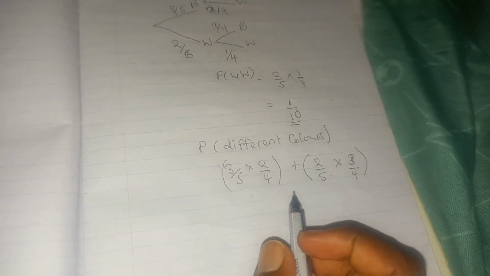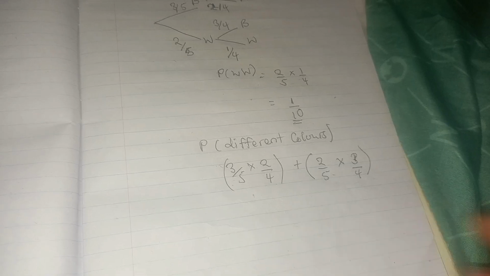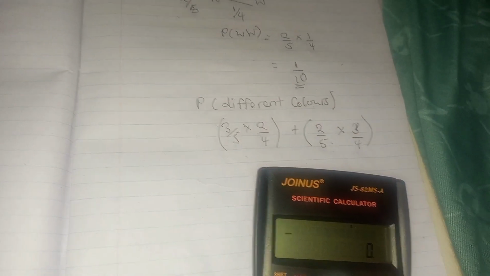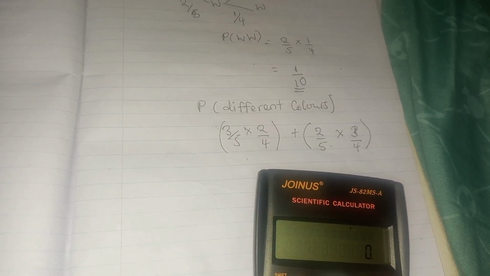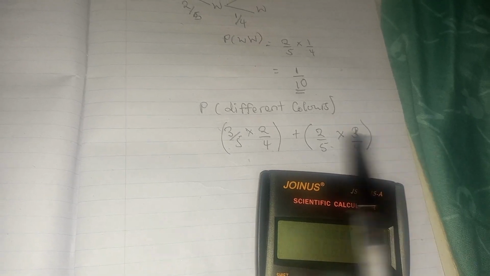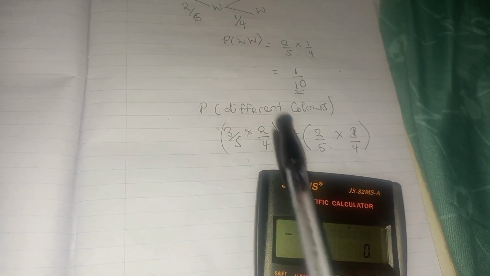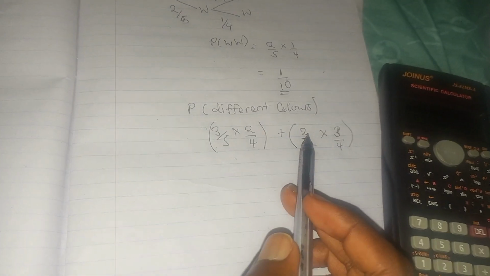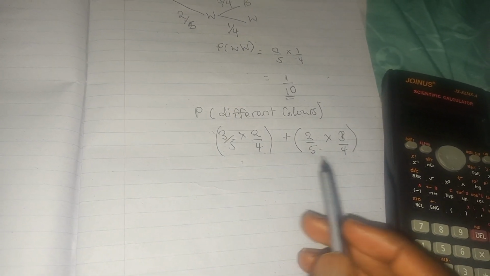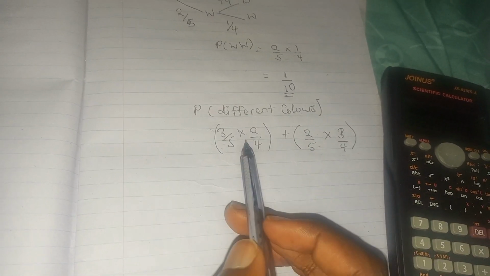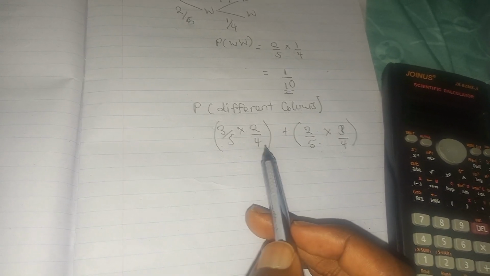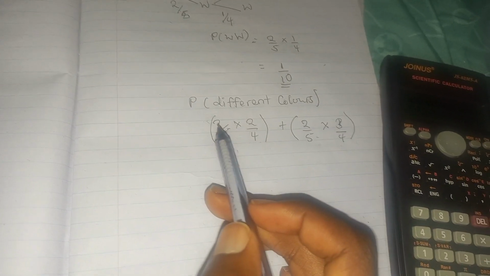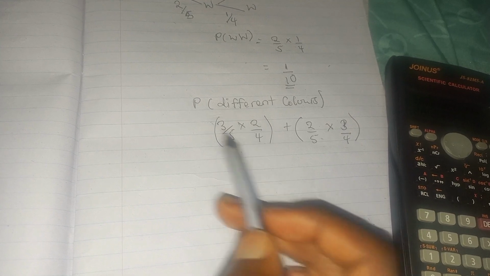So now we're going to multiply this and add, or the fastest way we can do this is just multiply the fractions in the first term and multiply by 2. Since we notice that the numerators and the denominators are the same, here we're going to be multiplying 5 by 4 in the denominators, and here we're going to be multiplying 3 by 2 in the numerators.